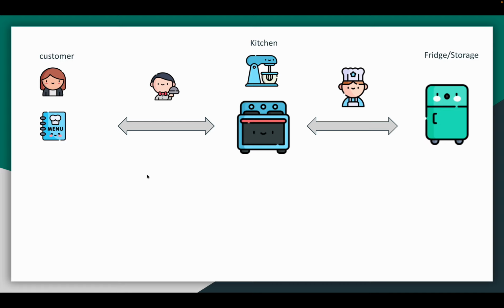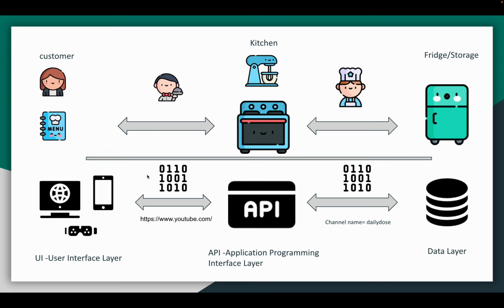Similarly, let's try to understand the three layers of an application. This can be compared with the kitchen or restaurant area. The three components are the user interface layer, the application programming interface layer, and the data layer.